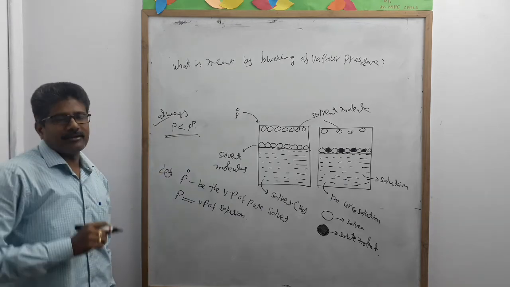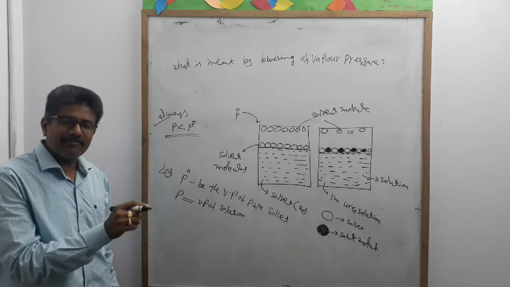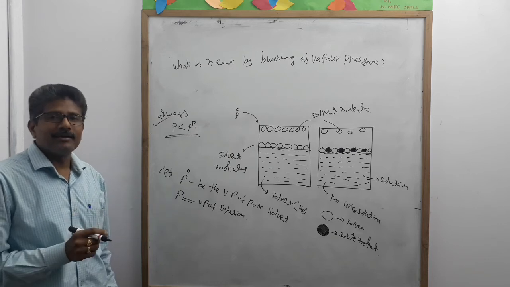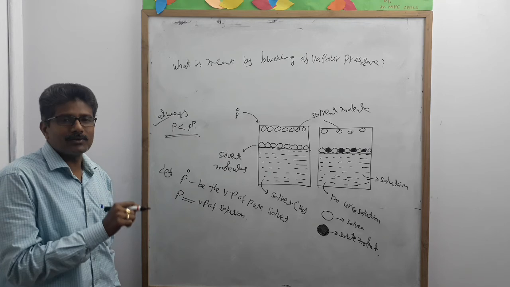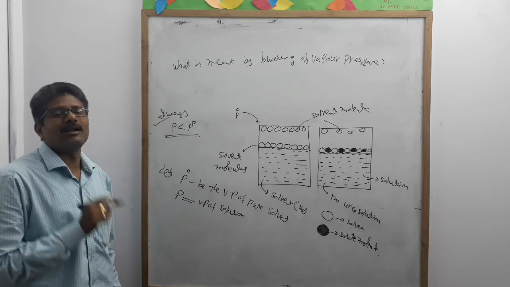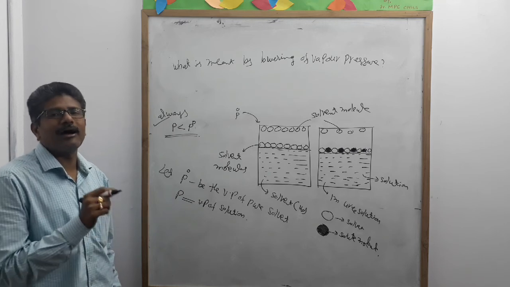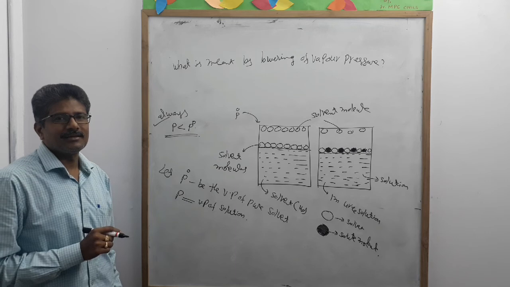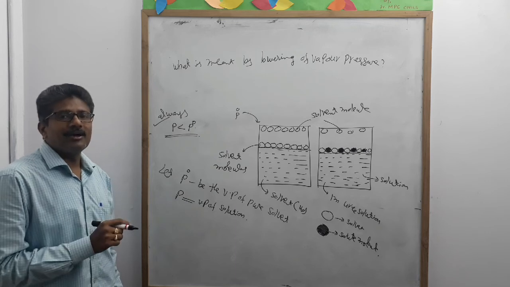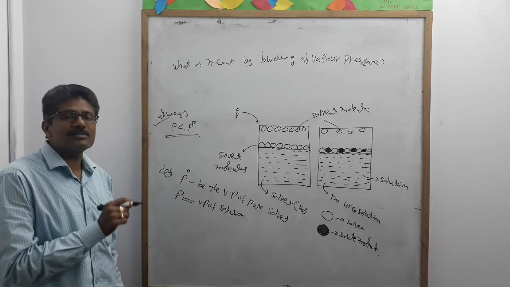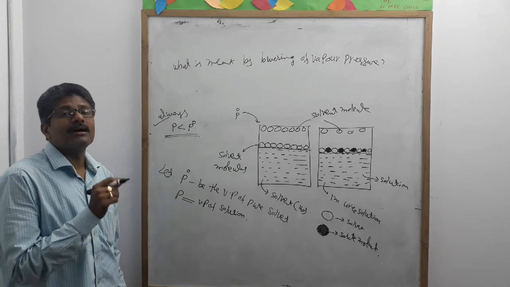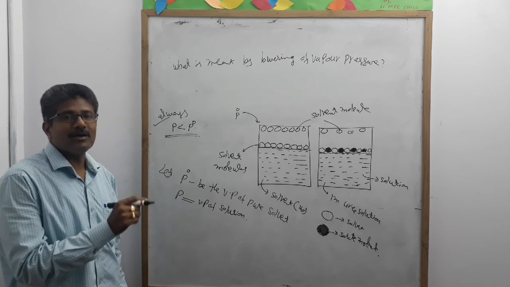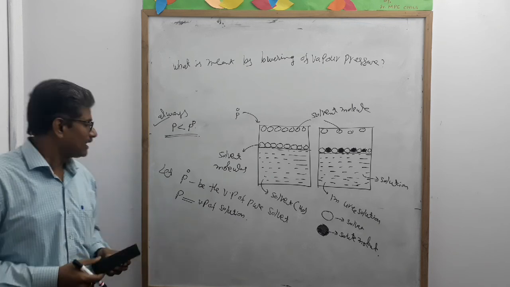The difference between the vapor pressure of the pure solvent and the vapor pressure of the solution containing a non-volatile solute is called lowering of vapor pressure.